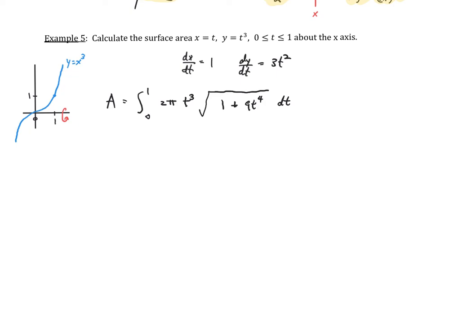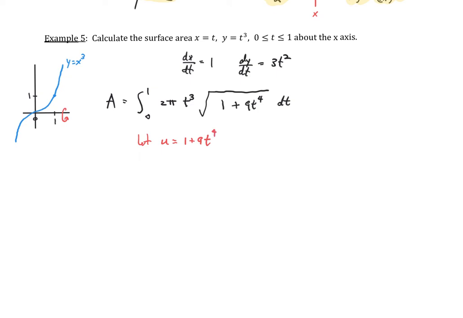Okay. So when I look at this integral, I see that we have a pretty simple u substitution. In other words, if I let u be the part under the square root here, then I can see the derivative sitting off to the side right there. So we're going to make that substitution. Why don't we let u be equal to 1 plus 9t to the 4th.